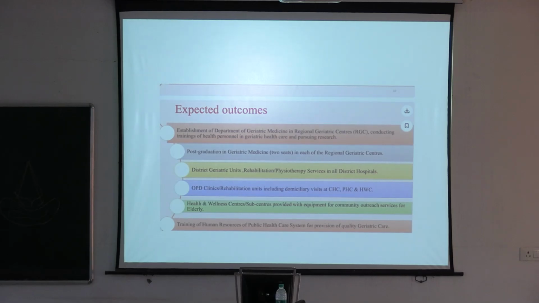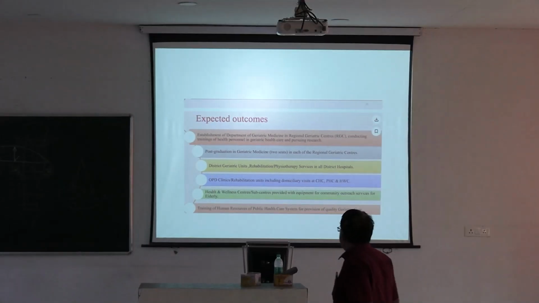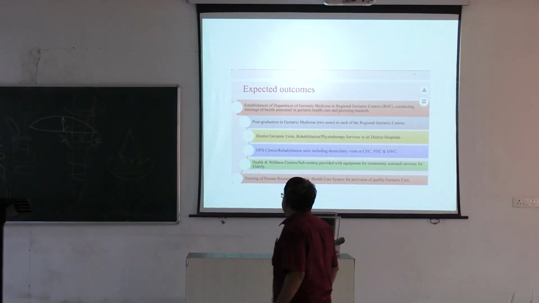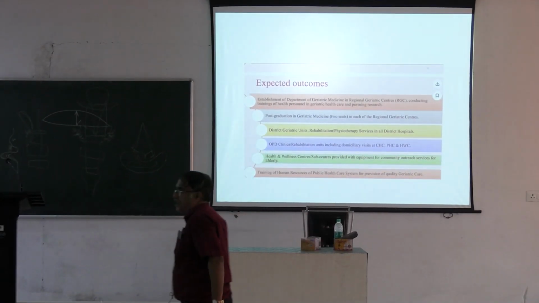So, establishment of regional geriatric centers called RGC, conducting training of health personnel, and also post-graduation in geriatric medicine, 2 seats in each of the regional geriatric centers, district geriatric units in all district hospitals, and OPD rehabilitation units including visits at CHC and health and wellness centers, provided with equipment for outreach service for elderly. So training of people also.